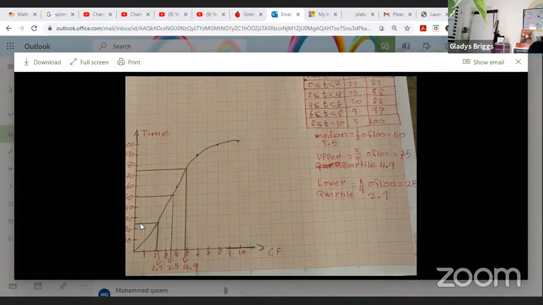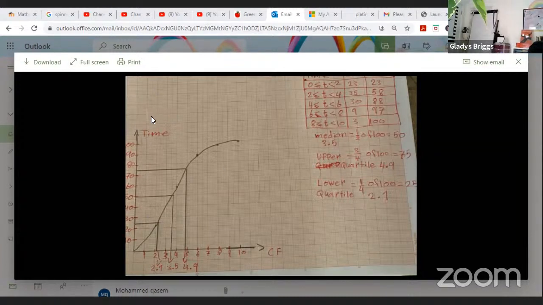And your graph looks neat and tidy. And I love the way you followed it from here down. Okay, and you worked out your median from your graph to be 3 point something. Yeah, well done, excellent. And then you worked out your upper quartile to be 4.9 and your lower quartile to be 2.7, and it's all on your graph.